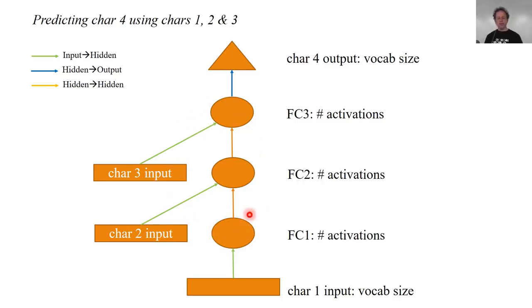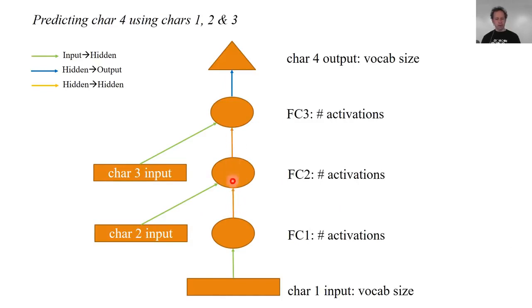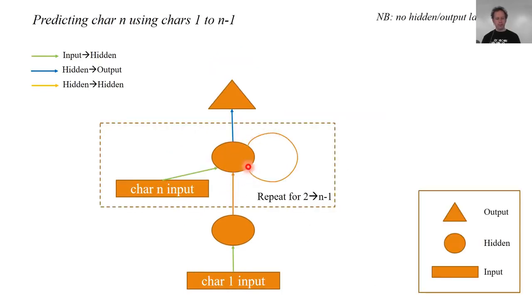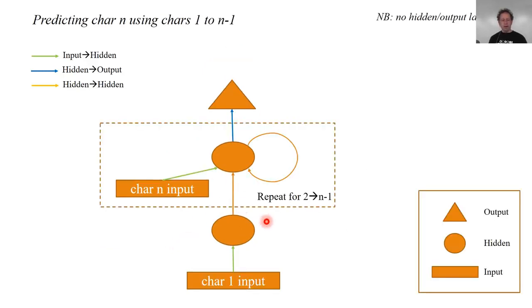But I could draw this more simply by saying, you know what, if we've got a green arrow going to a circle, let's not draw a green arrow going to a circle again and again and again, but let's just draw it like this. Green arrow going to a circle, right? And rather than drawing an orange arrow going to a circle, let's just draw it like this. Okay, so this is exactly the same picture as this one, right? And so you just have to say how many times to go around this circle, right?